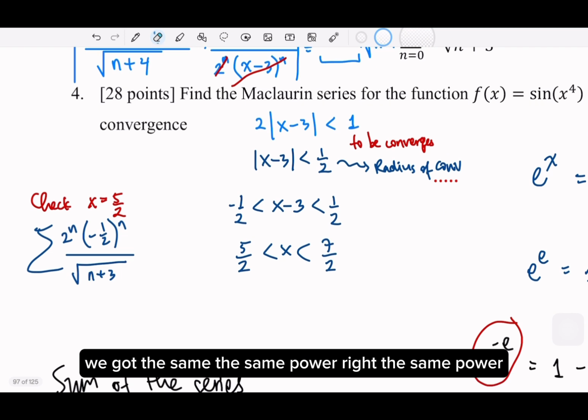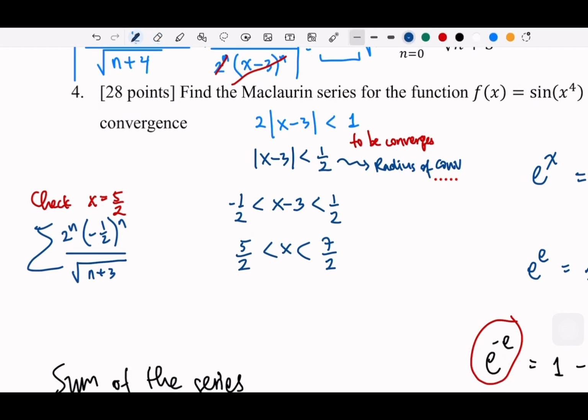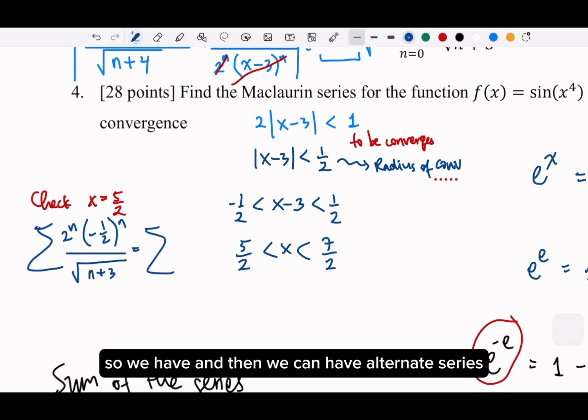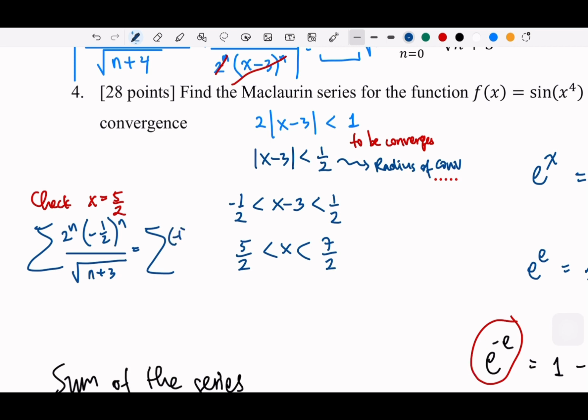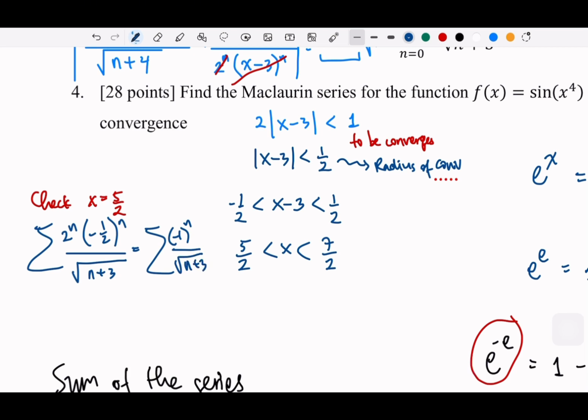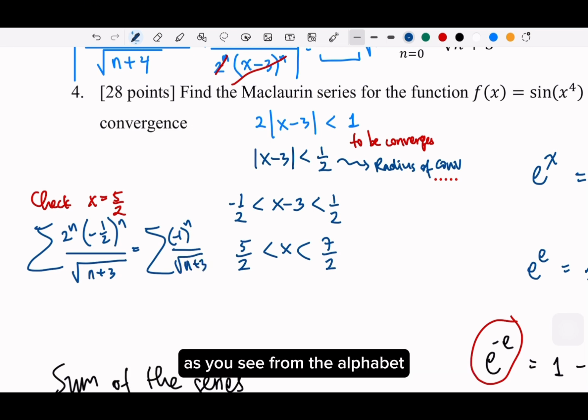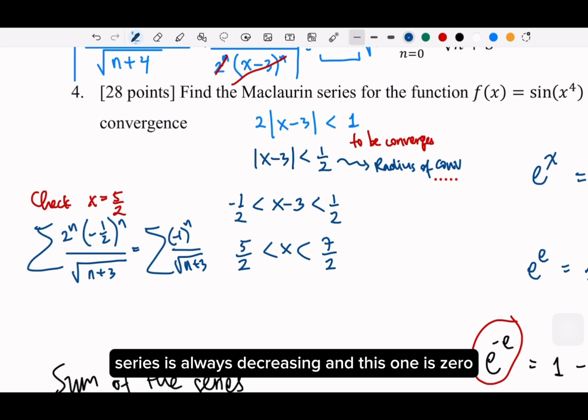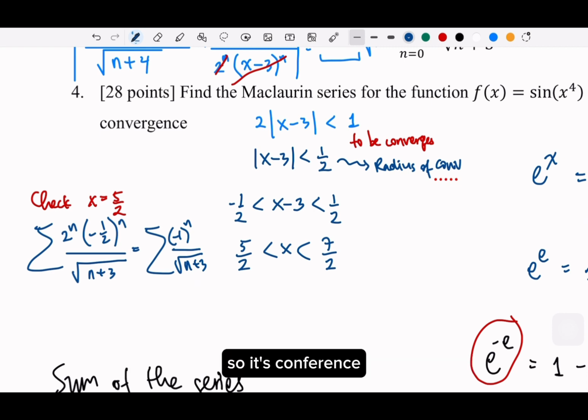Then we have an alternating series, and it's just 1 over the square root of n plus 3. From the alternating series, it's always decreasing, and the limit is 0. So this converges by the alternating series test.